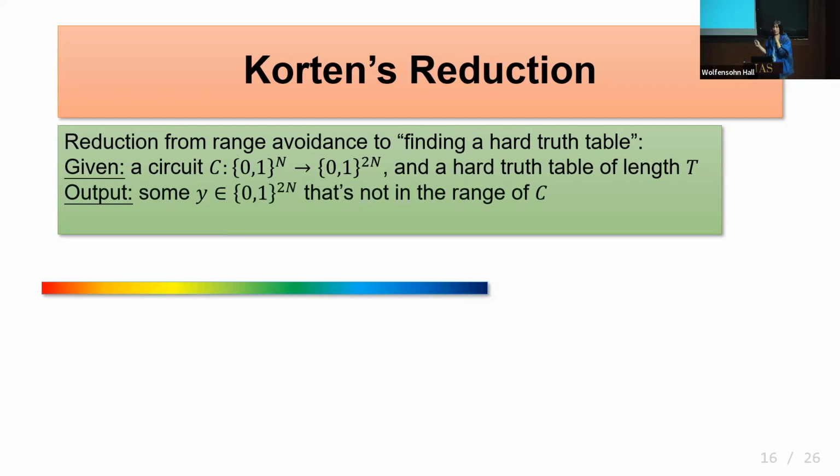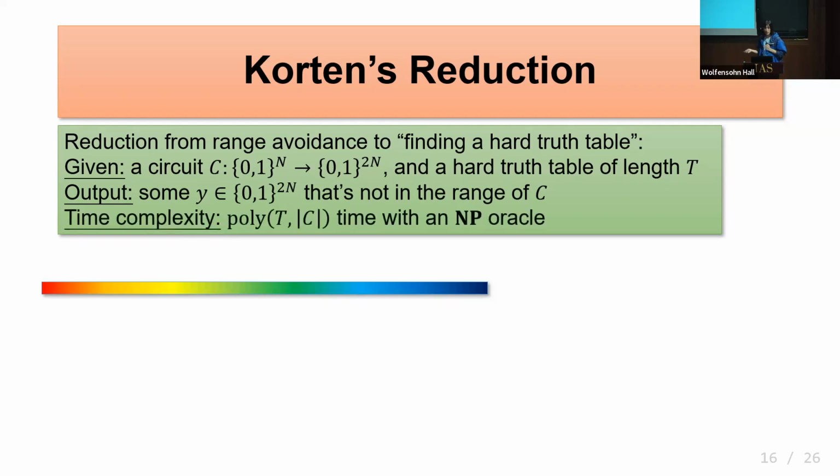The output should be some string y that's not in the range of C. So you still want to solve range avoidance, but now you have the assistance of a hard truth table. And Korten showed that we can do it in polynomial time with an NP oracle. This is how the compression needing an NP oracle comes in.